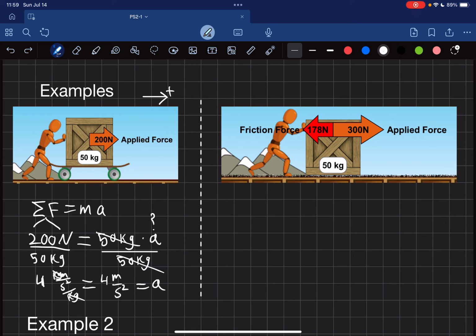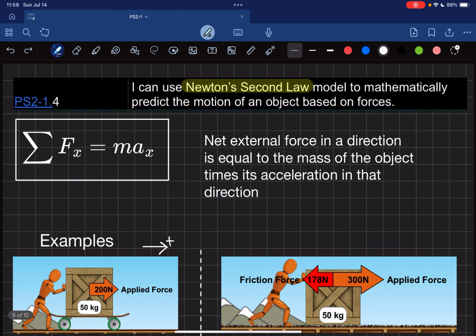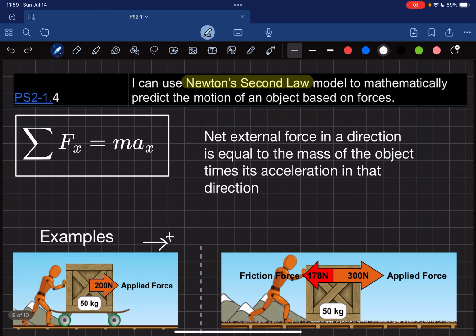Before we go on to the next problem, I want to talk again about the units of a newton. Previously, I said that the units of a newton were equal to a kilogram times a meter per second squared. And I color-coded the kilogram and the meter per second squared.